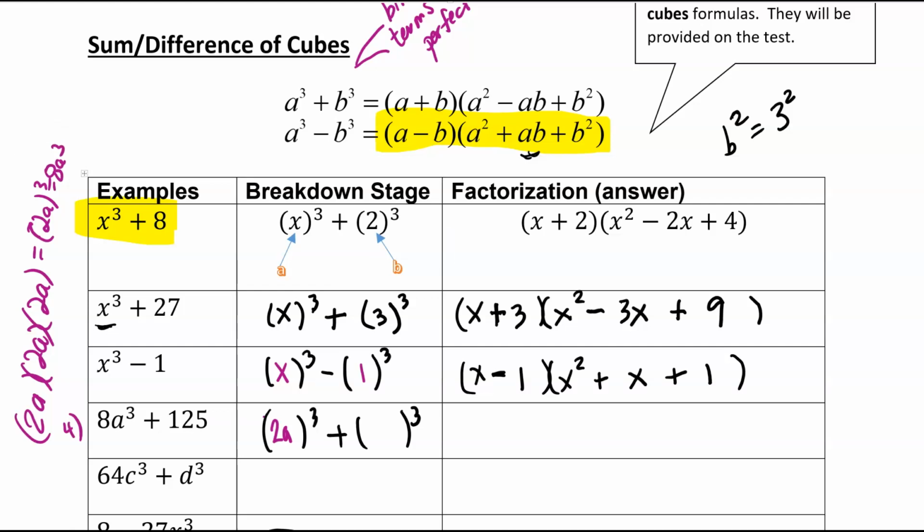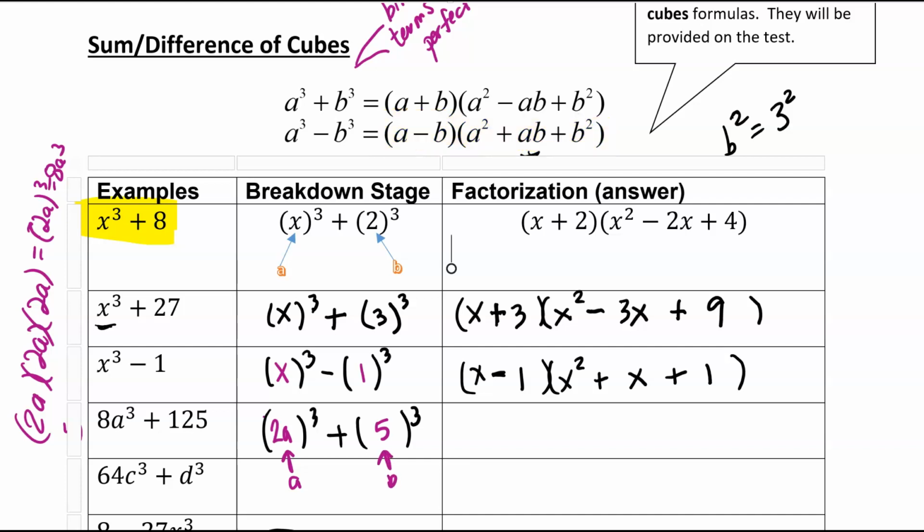And what cube would give you 125? It would have to be 5. So instead of putting the A in our formula, we're going to put 2a, replace the A with 2a, and wherever we see a B, we're going to put 5.